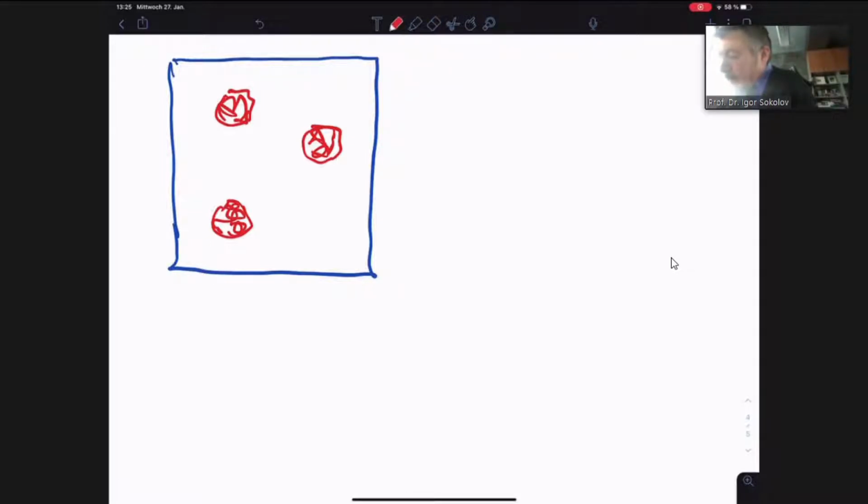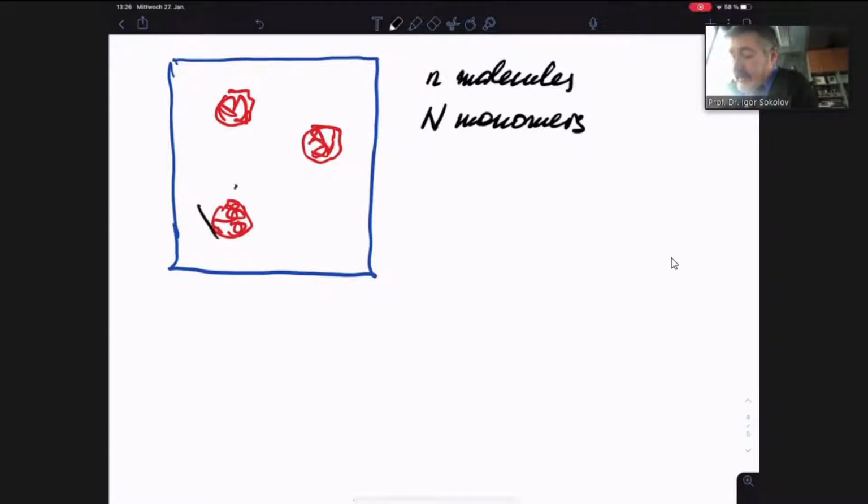I have small n molecules, each consisting of capital N monomers, which means that the characteristic size of each molecule is of the order of the Flory radius, which is a N to the power of nu. So there are some characteristic sizes.